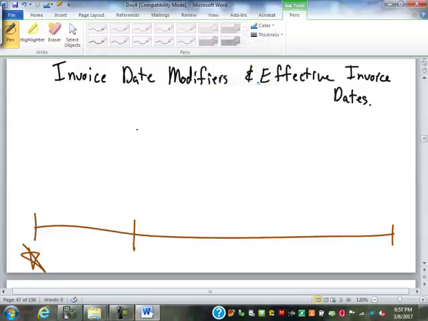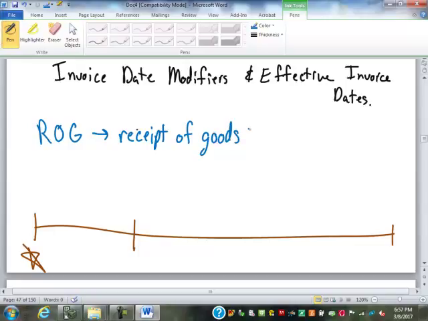We are going to talk about two of them. One of them is ROG, that stands for receipt of goods. Some items, especially large items, can take a while to ship.